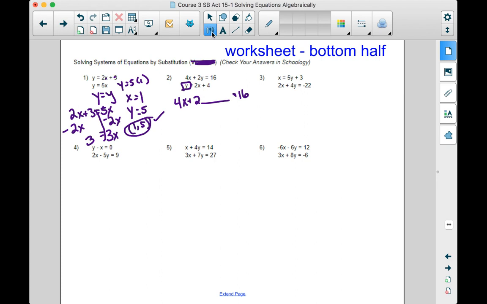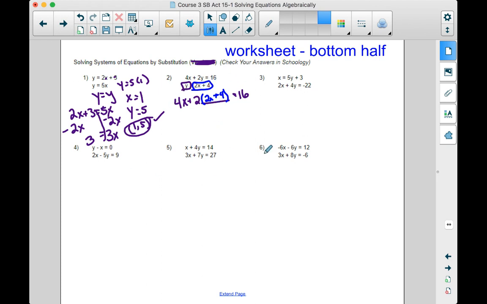Now instead of writing my y, I'm going to take the expression that's equivalent to y, which would be, and put parentheses around it, 2x plus 4. From there, I can go ahead and solve everything. I can solve for x, substitute it in, solve for y, and check it.